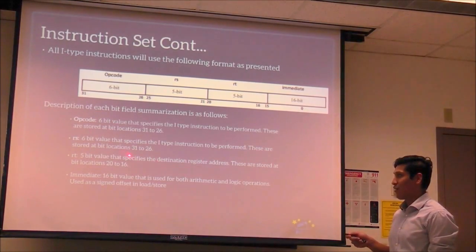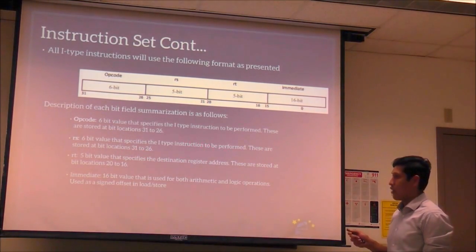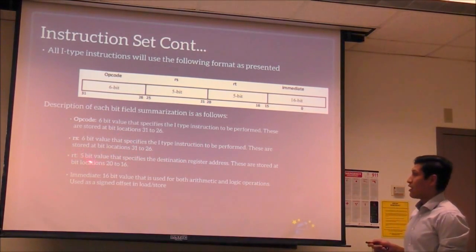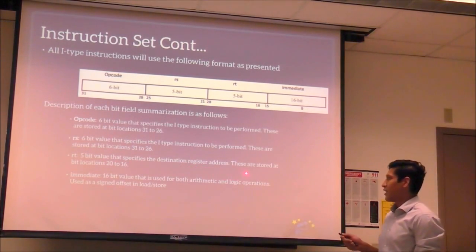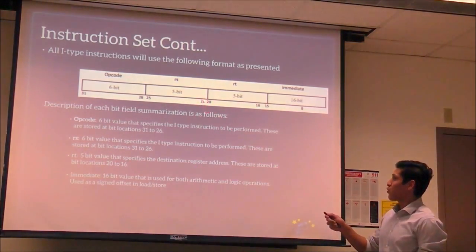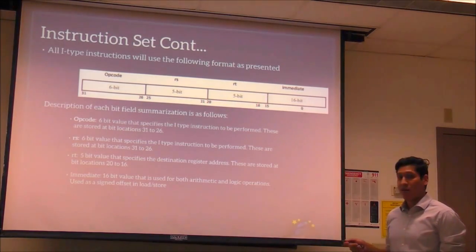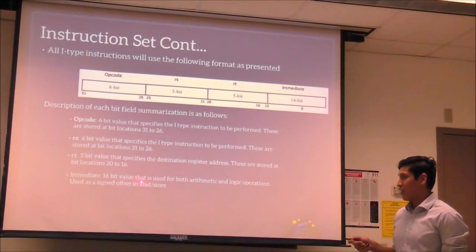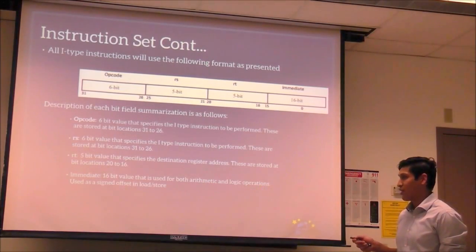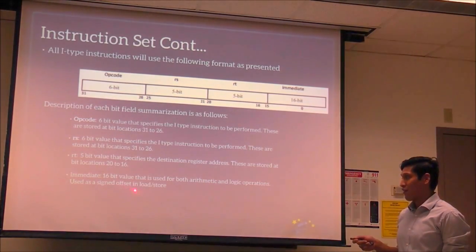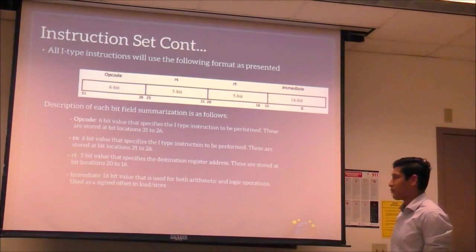These are stored at bit locations 31 to 26. The RT is a 5-bit value that specifies the destination register address. These are stored at bit locations 20 to 16. Our immediate field is a 6-bit value that is used for both arithmetic and logic operations. These are used as sign, offset, and load and store operations.